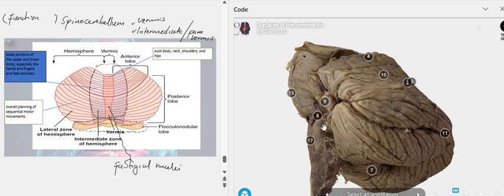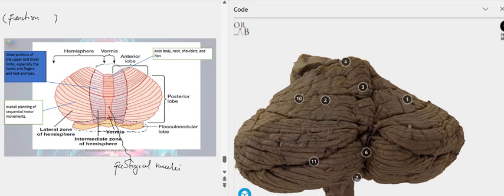So from there, you anticipate now the famous tracts, the vestibulospinal tract descending down to modulate some of the motor activity, and also the reticulospinal tract descending down the spinal cord.